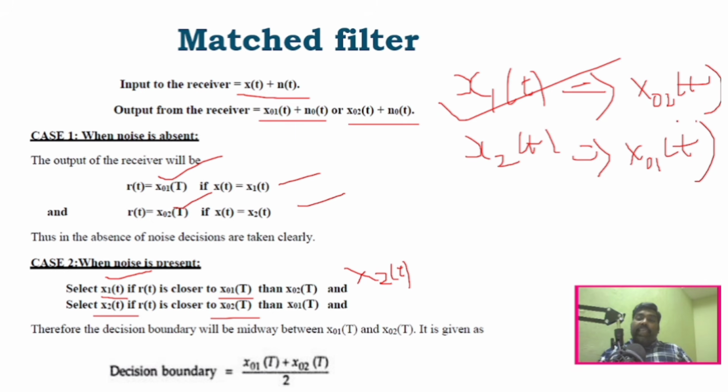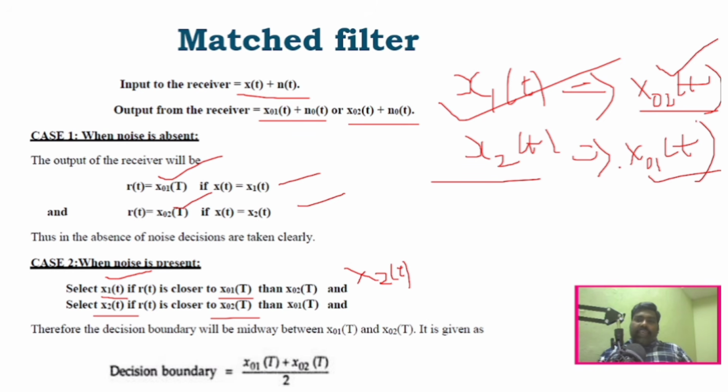That is what I said here. If x1(t) is transmitted, but r(t) is closer to x02(t), it will take it as x02(t). Similarly, you would have transmitted x2(t), but if it is closer to x01(t), then it will consider it as x01(t).